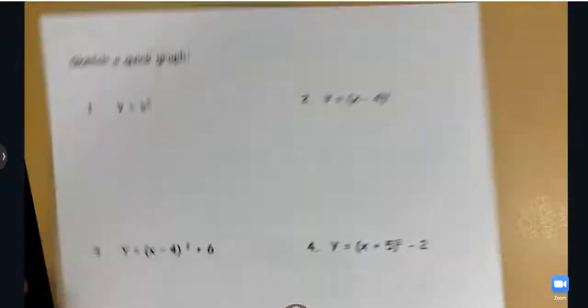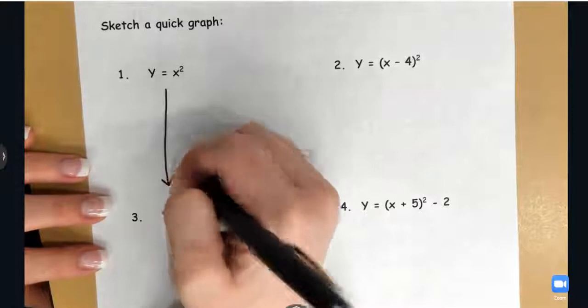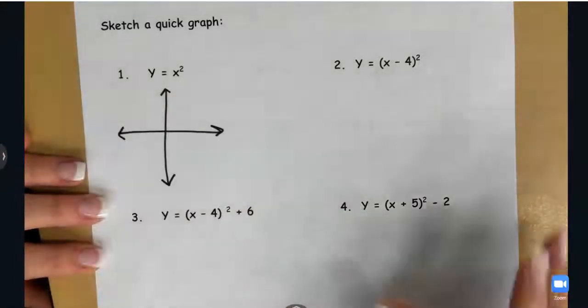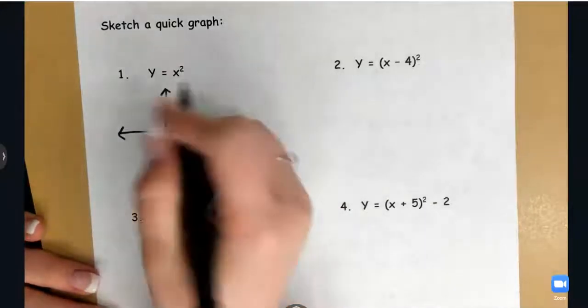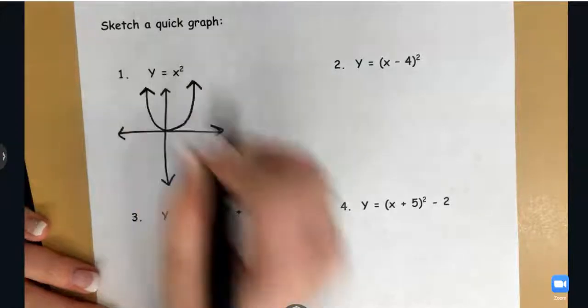All right, now on the back, we're just going to be sketching some quick graphs. And this, we can actually use what we know about transformations of parent functions to graph them. So starting with y equals x squared, this is our parent function of our standard parabola that is open upward.